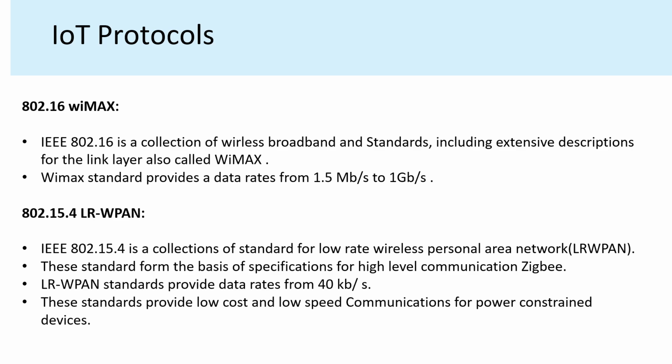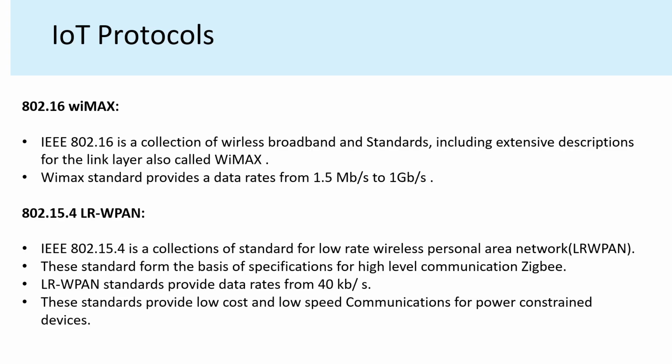IEEE 802.16 is a collection of wireless broadband standards, including extensive descriptions for the link layer, also called WiMAX. The WiMAX standard provides a data rate from 1.5 megabits per second to 1 gigabit per second.